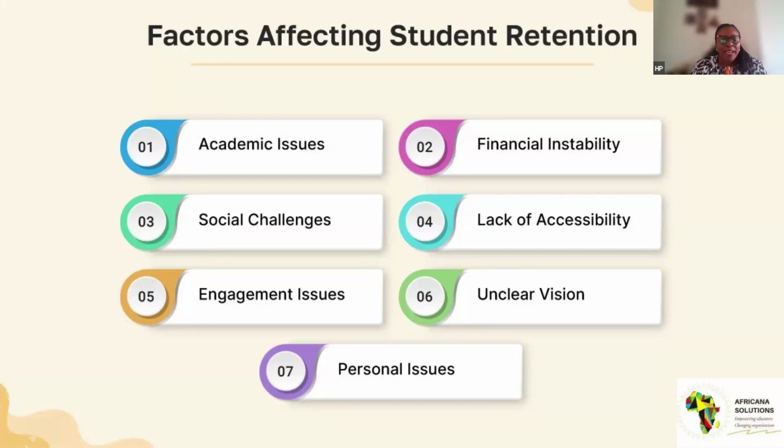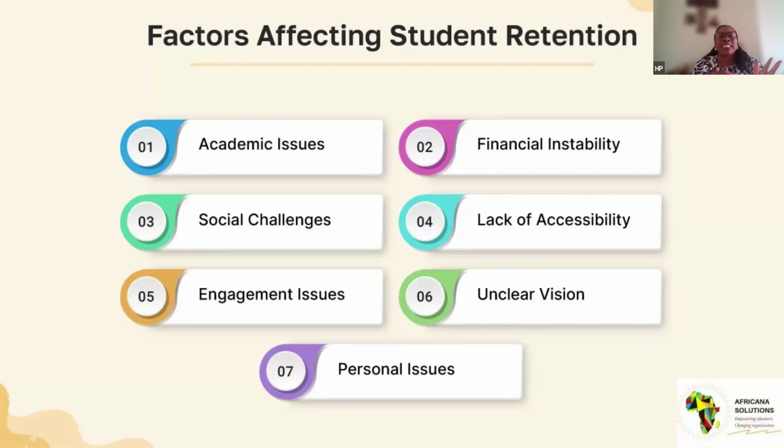Another factor that may affect student retention in our school is engagement issues. When parents are not able to engage, students are not able to engage, the teachers themselves are not able to engage and understand what the school is all about, it becomes a problem.